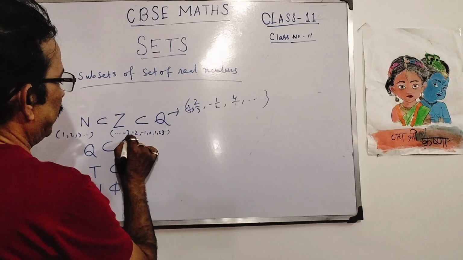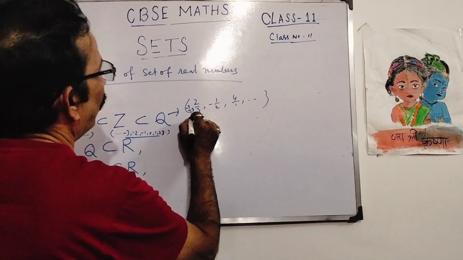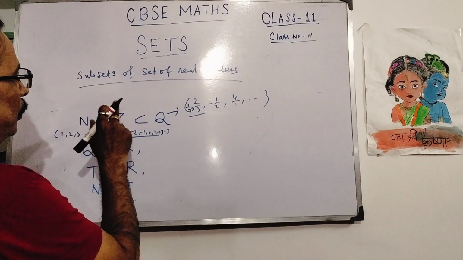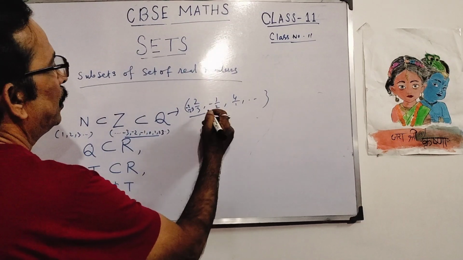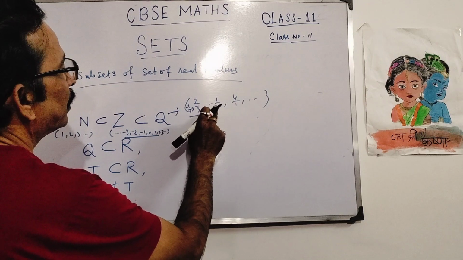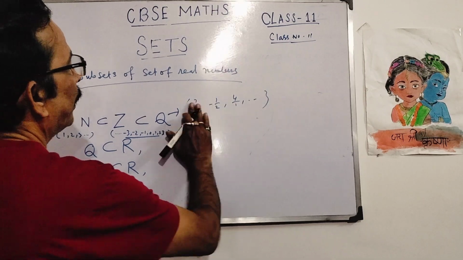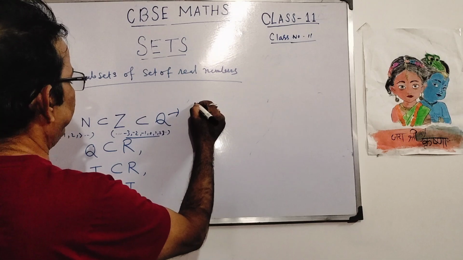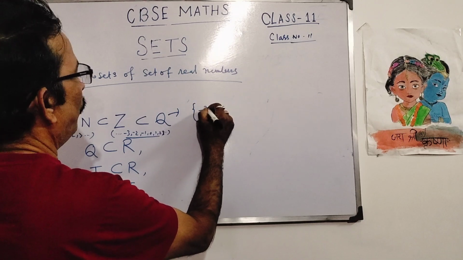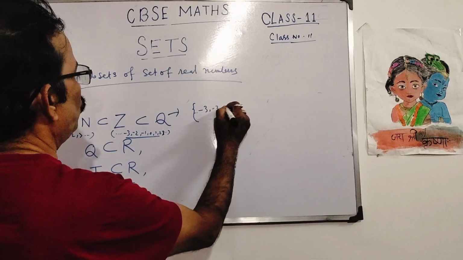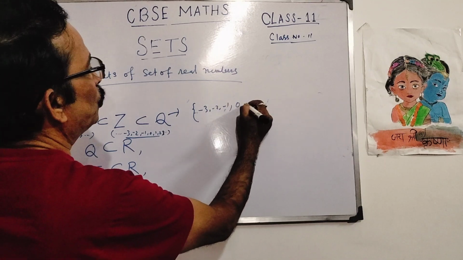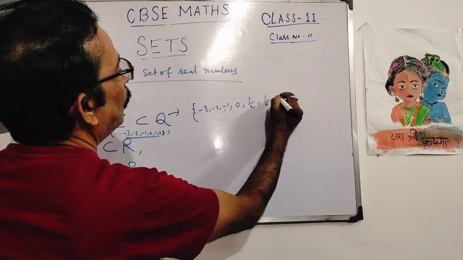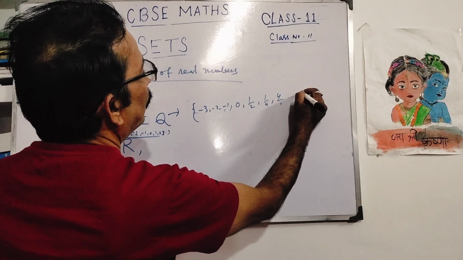All the elements of Z also exist among the elements of Q. Q is the set of all minus 3, minus 2, minus 1, 0, 1 by 2, 1 by 4, 4 by 1 and so on.